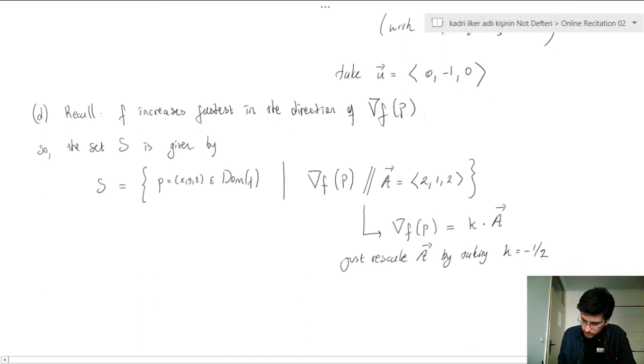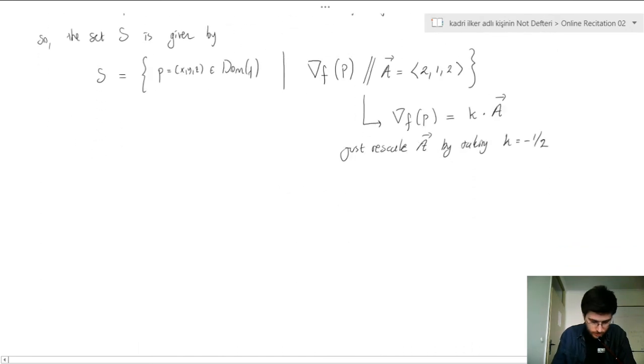You will understand the reason, because when you do this, we have the vector (-1, -1/2, -1). This thing is equal to the gradient of f evaluated at p.